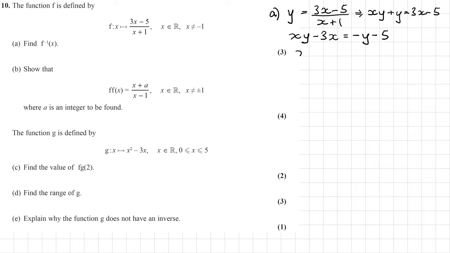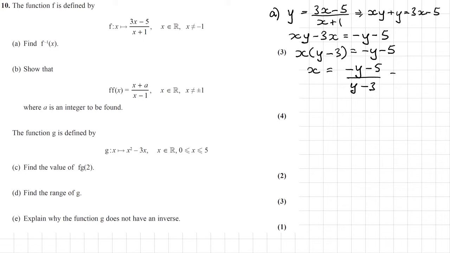We'll factorise out the x over here, so we'll have x(y minus 3), and then we've got minus y minus 5, and then divide both sides by y minus 3. Now we could actually write this in a nicer way rather than have minus minus. So you could bring the minus at the front, or you could times the top and the bottom by minus 1.